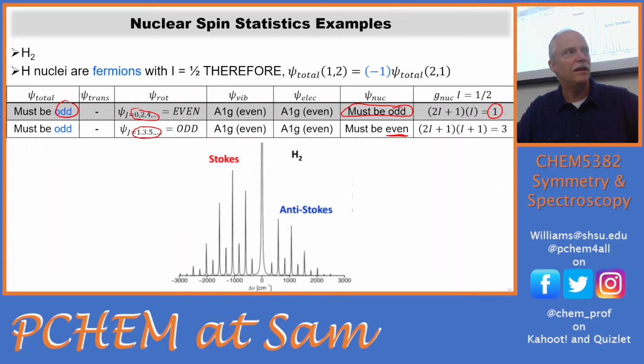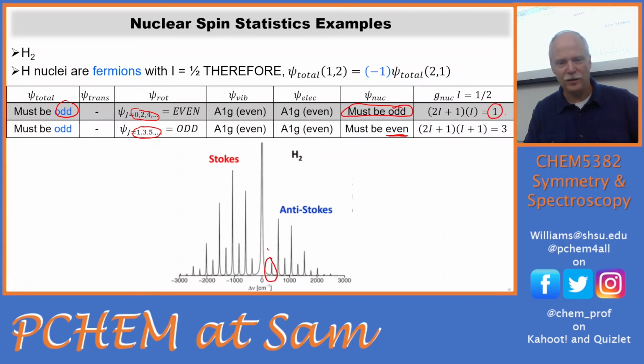Do you see it? That's reflecting the number of rotational levels that are allowed by the nuclear wave function. So the nucleus is affecting the rotational wave function, and the rotational wave function symmetry is affecting the nuclear wave function. It's crazy.